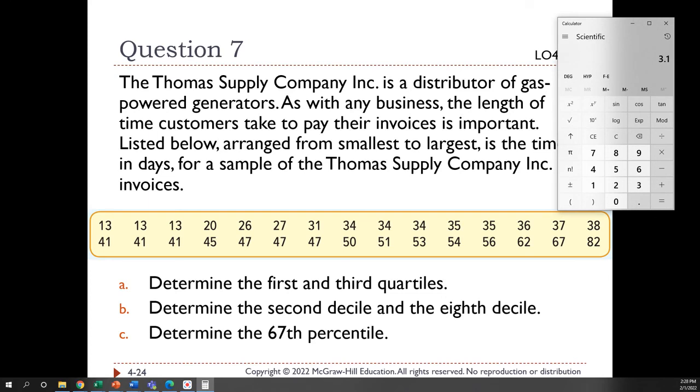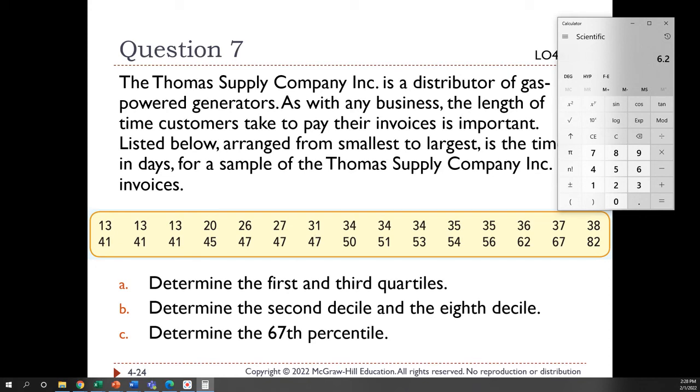What we want to find is the second. So we're going to times it by 2, which is a 6.2 position. So 1, 2, 3, 4, 5, 6. So we're at 27 and 31.